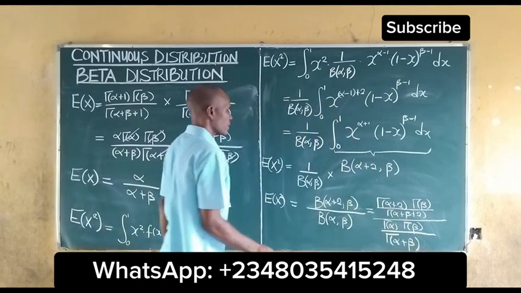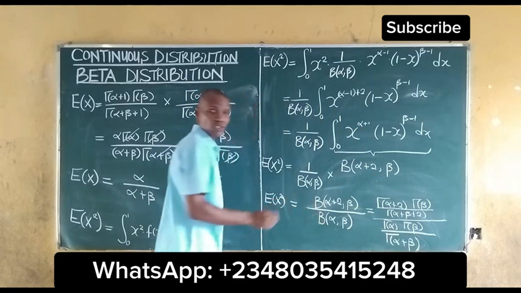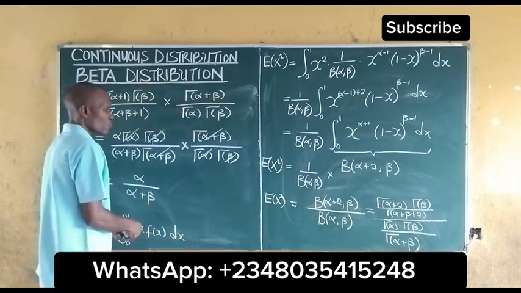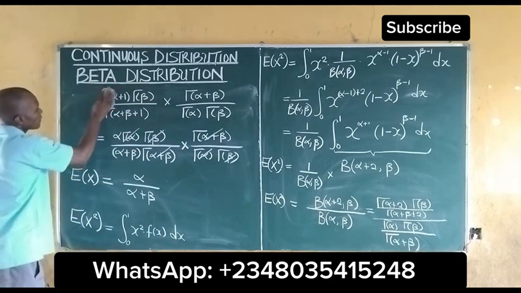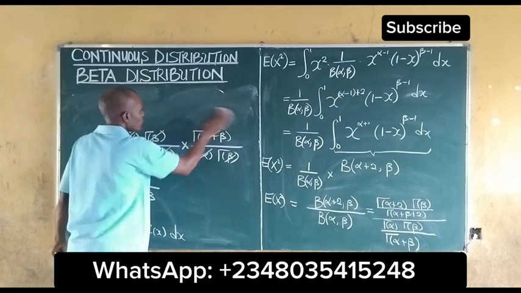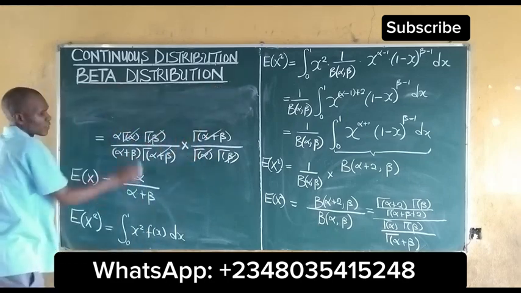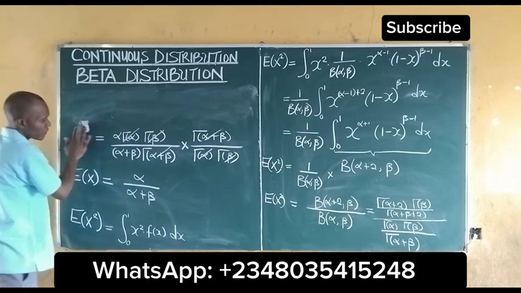So this is what we get for this function and this function. The next thing to do is to rewrite it properly this way.